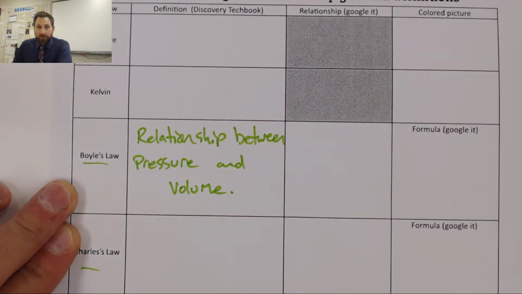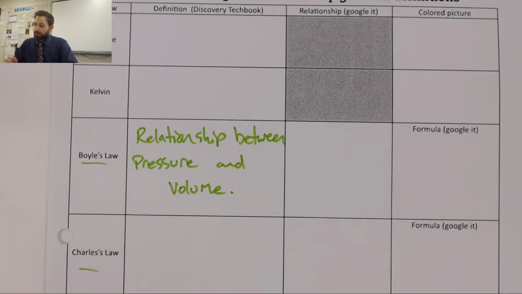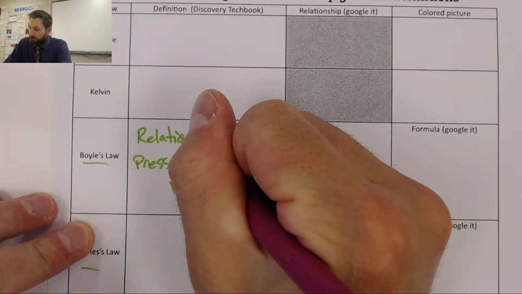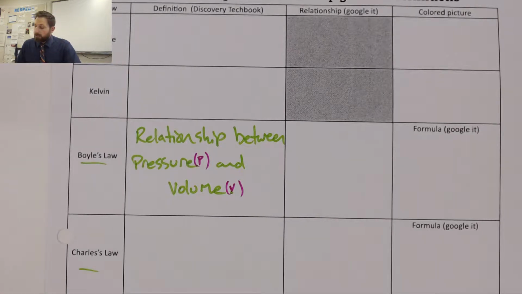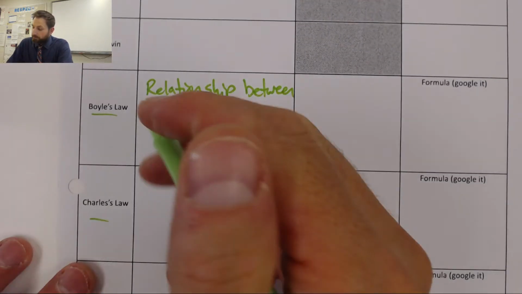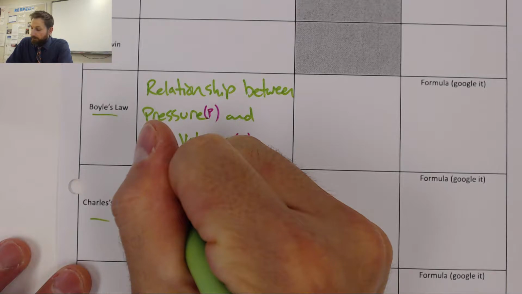Relationship between pressure and volume. Moving forward, we're just going to call pressure P and volume V. Those are our variables.